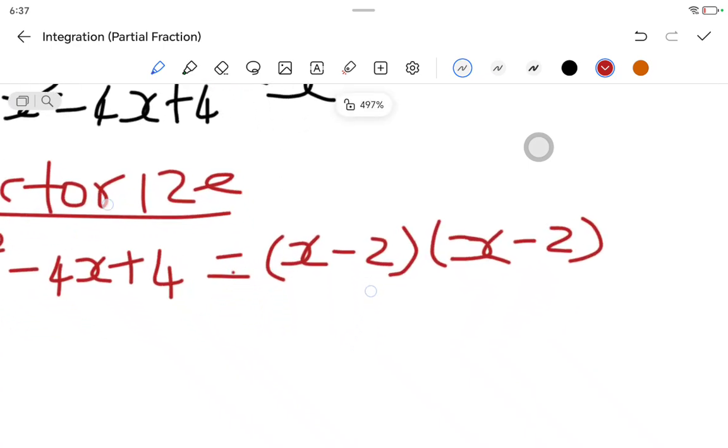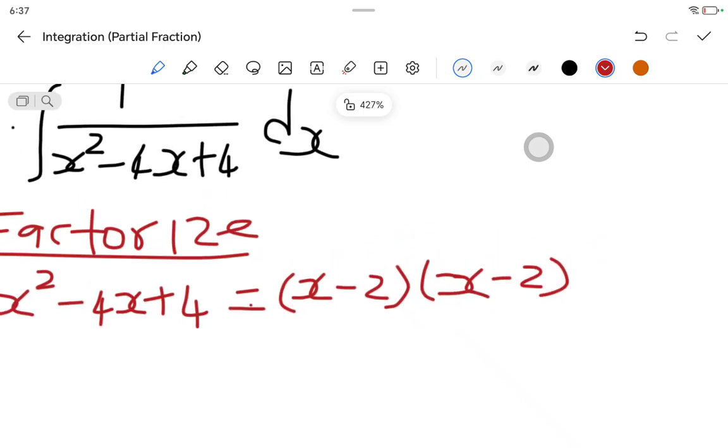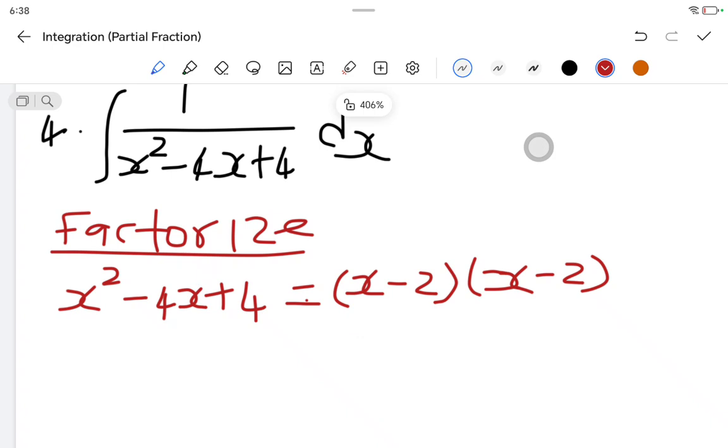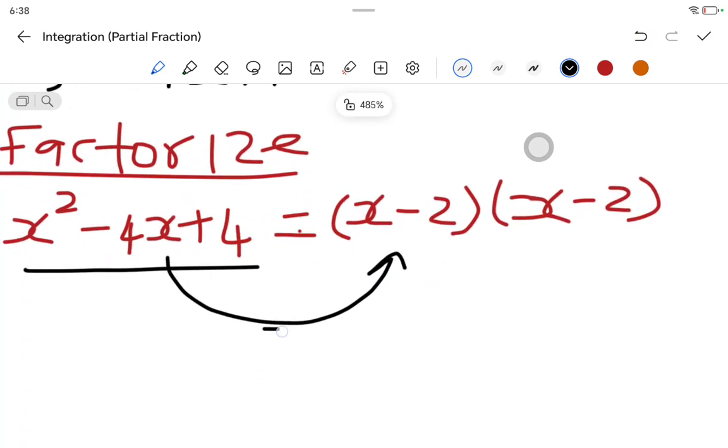So here's what you're going to do. Once you're able to factorize this, it is simple to factorize. If you're having a problem with factorization, guys, once you have a quadratic equation, you can use the quadratic formula to check your factors. Within the quadratic formula, you're going to get that x is equal to 2 for both of them.